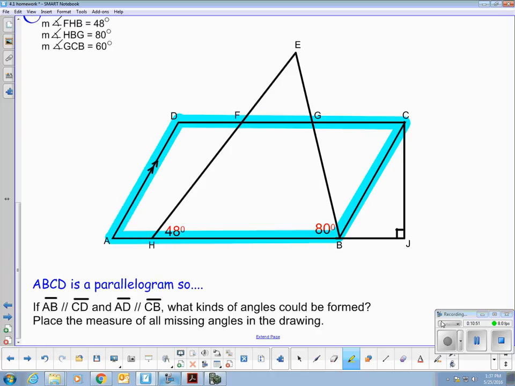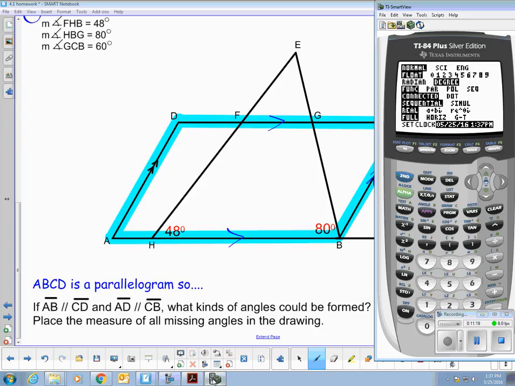Therefore, AB is parallel to CD. And AD is parallel to CB. So I have two arrows here. I'm going to go ahead and add two arrows on this length. And we have put in all the measures of the missing angles. All right.